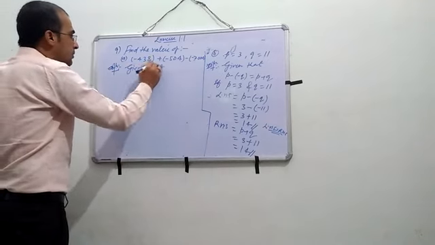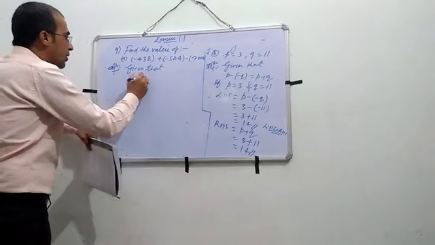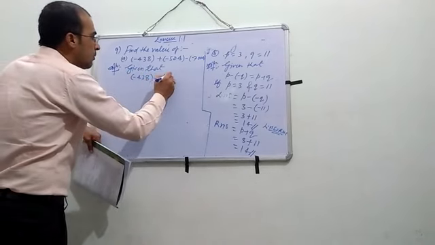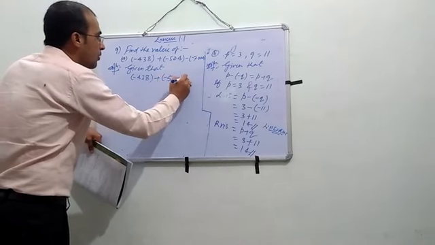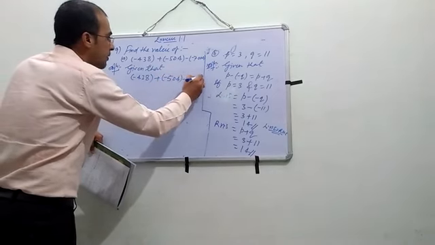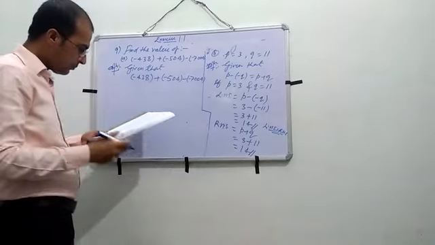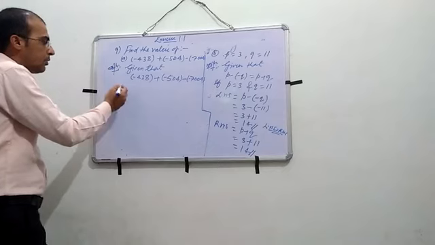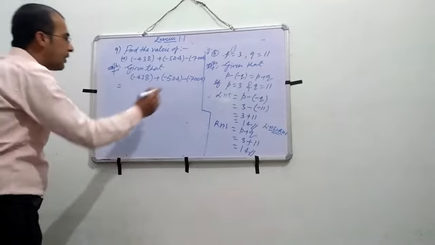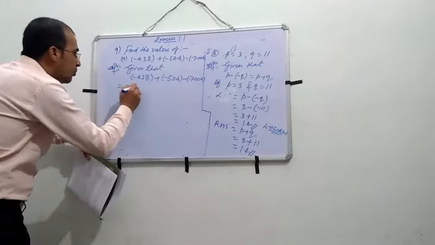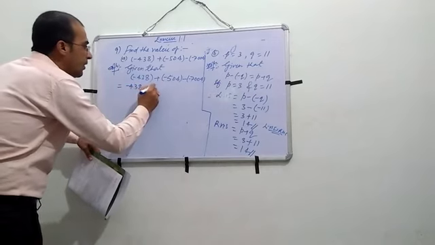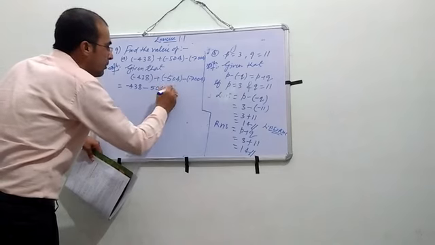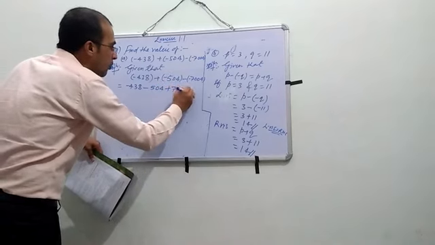Given that, minus 438 plus minus 504 minus 7004. This is your question. So first we will open the brackets. We will get minus 438 minus 504, and minus into minus it will be plus 7004.